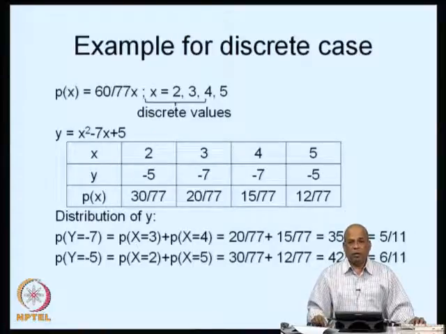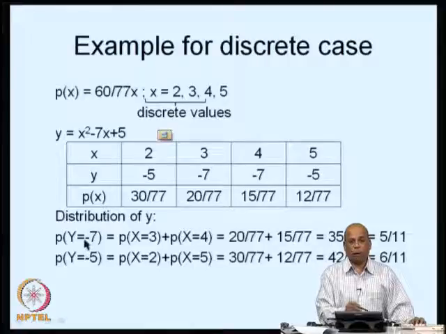So, once we define the probability of y is equal to minus 5 and probability of y is equal to minus 7, we would have defined the probability mass function for y. So, let us see for what values of x does y take on value of minus 5.